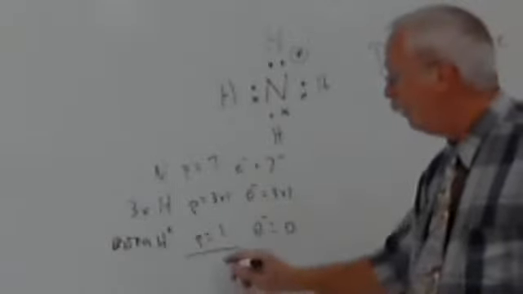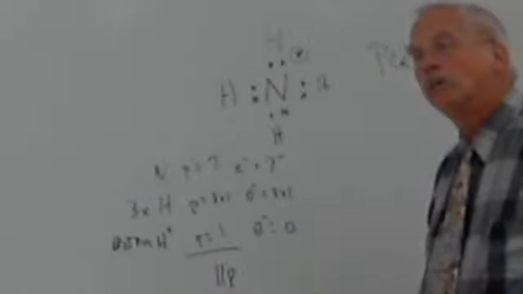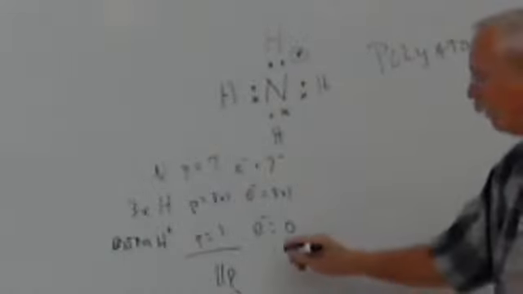Now, what's our total? 7, 3, 1, 11 protons. And remember, those are positively charged. What's the total here? 7, 3, 10 electrons, and they're negatively charged. So do I have a match of positive and negatives? What do I have more of? I have to show it. That's where the positive's coming from.